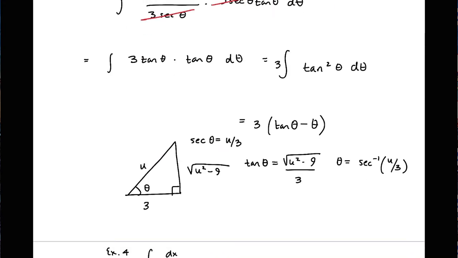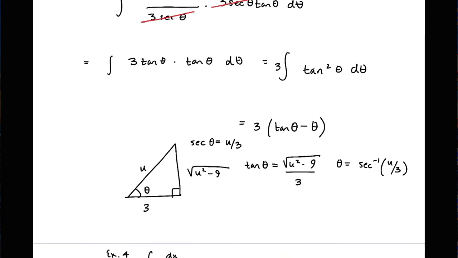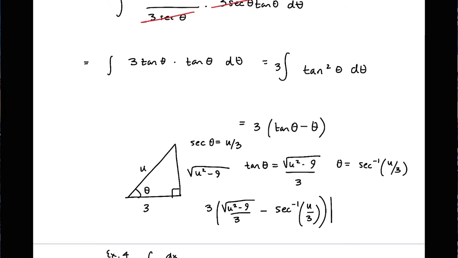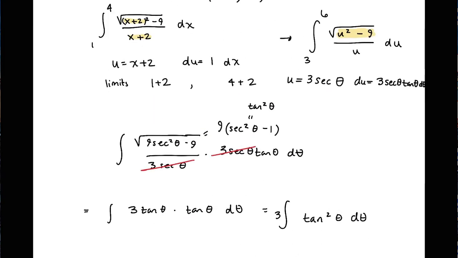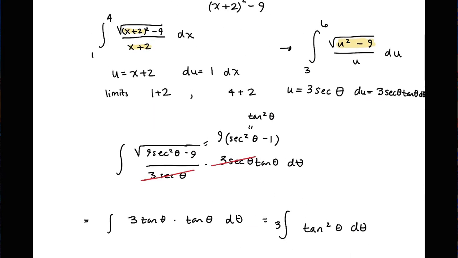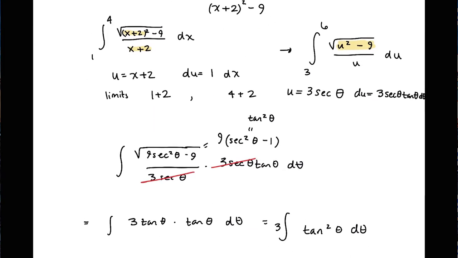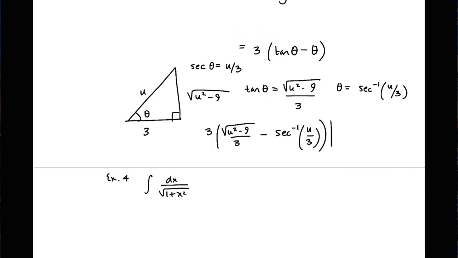Okay, so then once we rewrite our expression, 3 times the square root of u squared minus 9 over 3 minus secant inverse of u over 3, I can go ahead and evaluate that expression back with my u limits. So I kind of dodged the issue. My u limits were originally going to be 3 and 6.